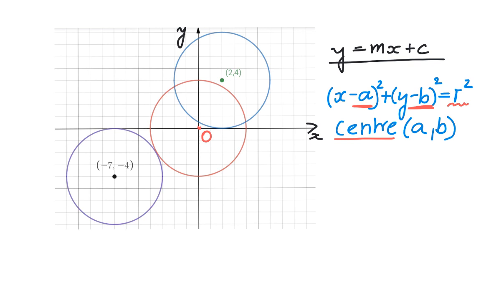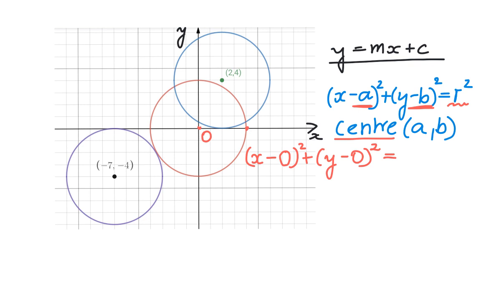According to the given equation, I need to look at the x coordinate of the center, which is 0, and it's squared, plus the y coordinate of the center, 0, and it's squared. Now this will be equal to the radius of the circle.